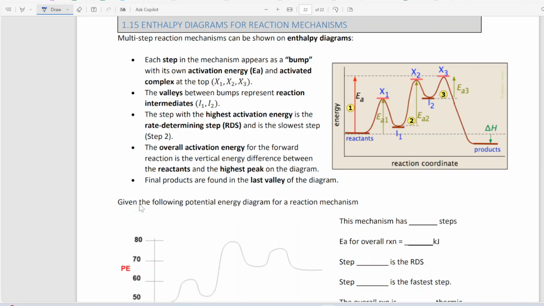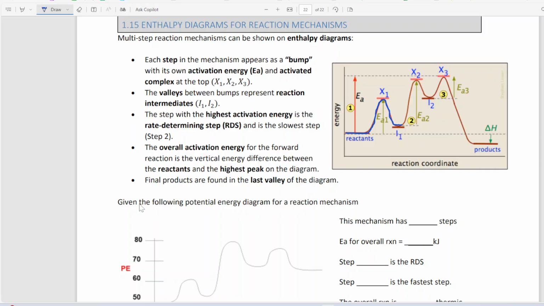For example, here we've got reactants, an activated complex at X1, and then we would have a product here in the valley, but we're going to call that a reaction intermediate. So we've got reactants at the top, an activated complex X1, and then it goes to products, which, because those products get used again, we call reaction intermediates.